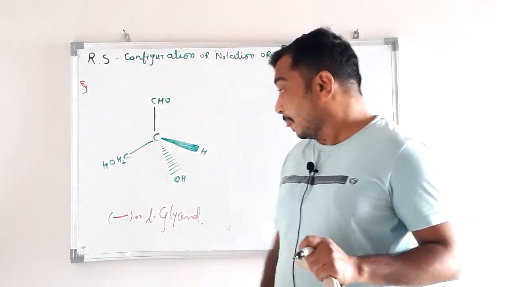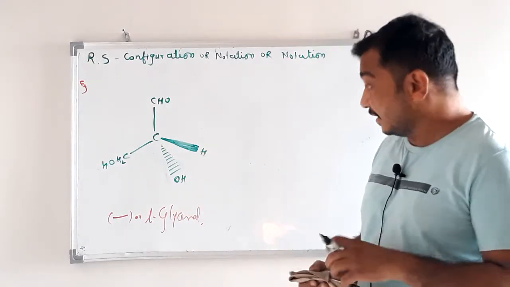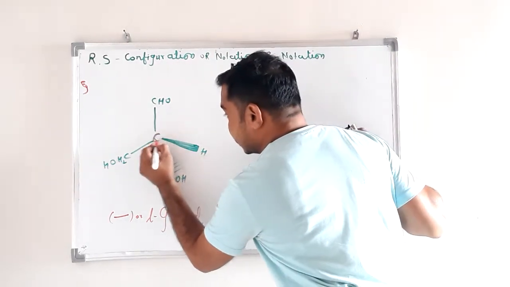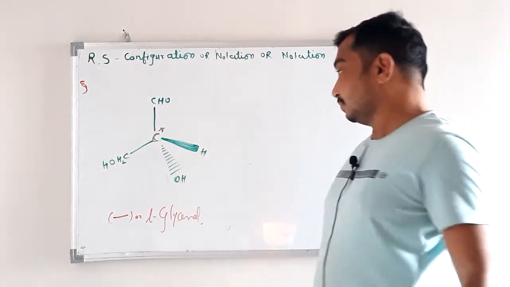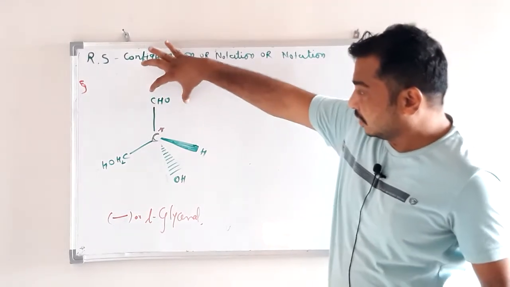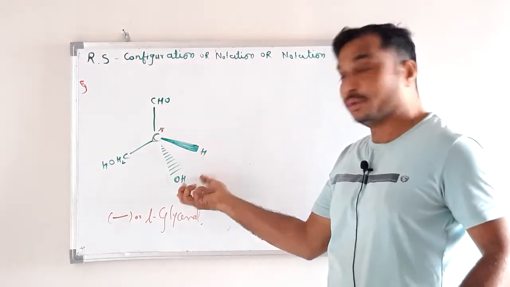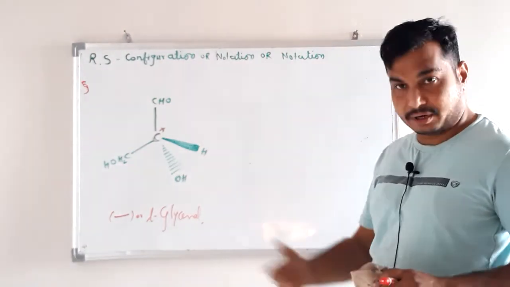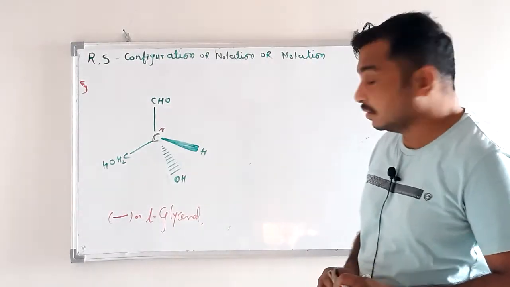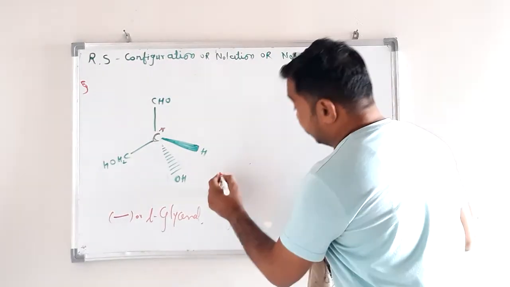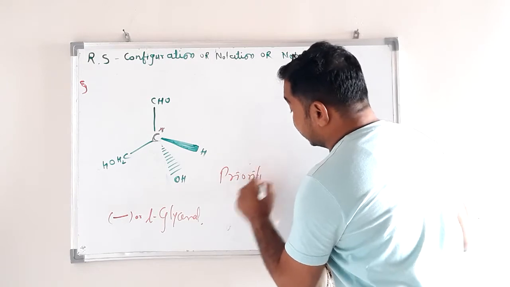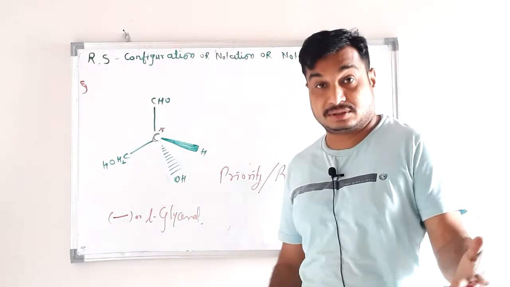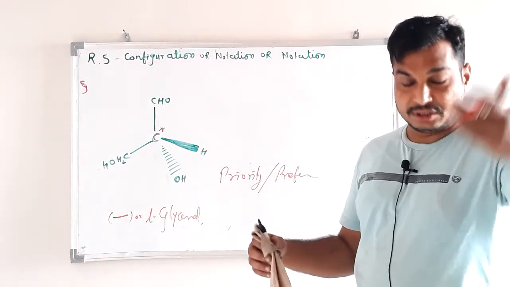Suppose here we apply step 1, identify the asymmetric or chiral carbon atom. Yes, this carbon is asymmetric because 4 different groups are attached: aldehyde, CH2OH, hydrogen and OH. Then we can move to the next step: give priority, preference, or marks 1, 2, 3, 4.